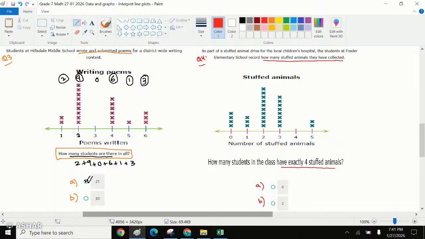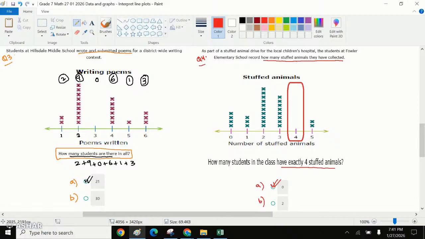Exactly 4 would mean we need to find this. They're not saying less than 4. Yes. 0 people had exactly 4.